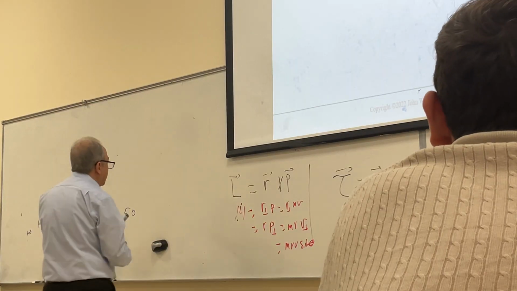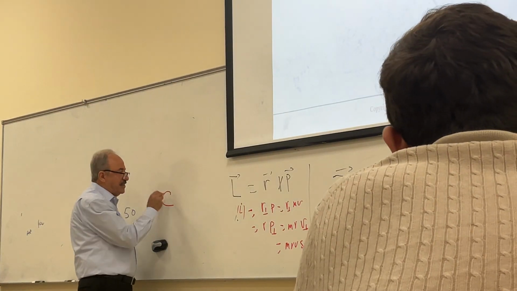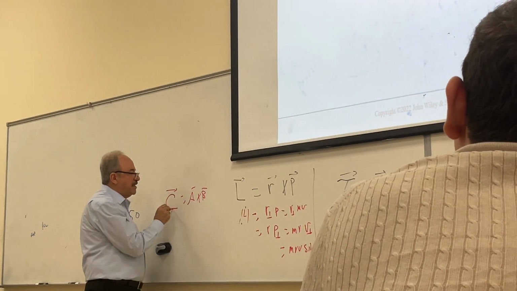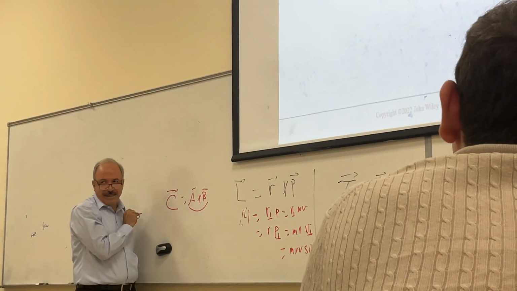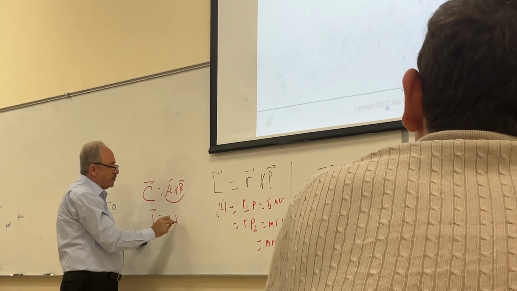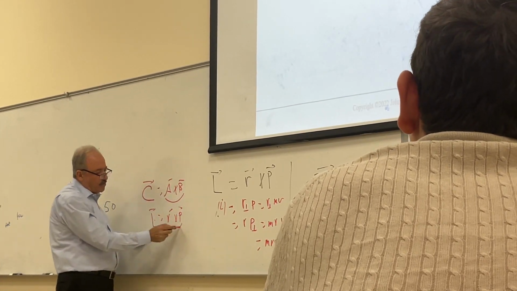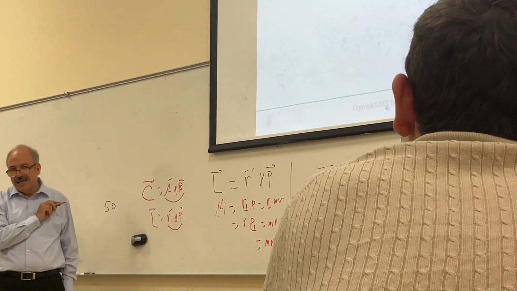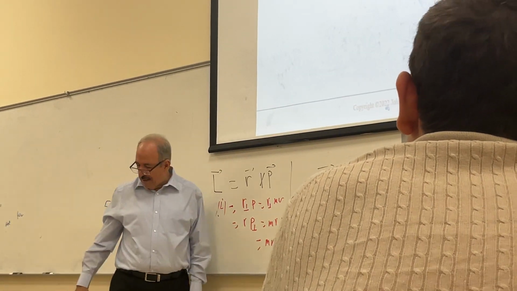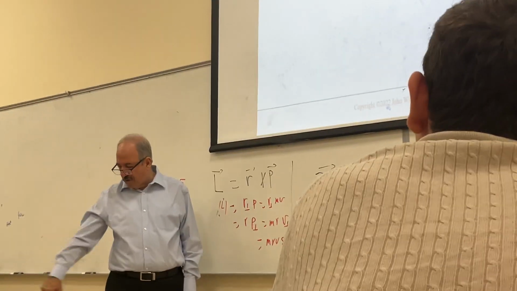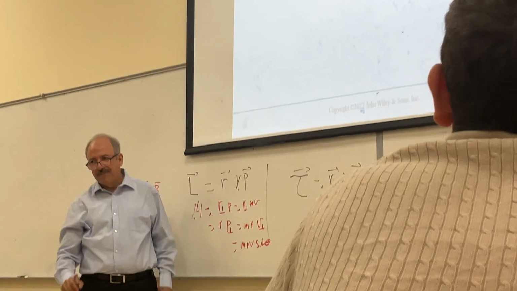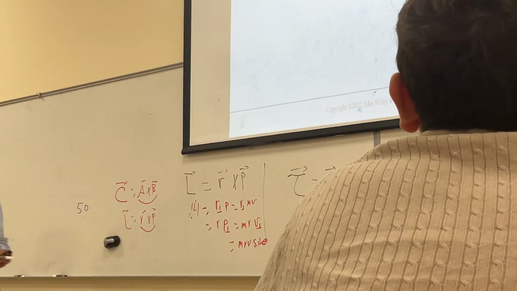We said that many times in chapter 3: if you have C equals A crossed with B, C is always perpendicular to the plane that has A and B. Same thing, L equals R crossed with P, so the angular momentum is always perpendicular to the plane. If the motion and R are in the XY plane, then the angular momentum is either up or down, perpendicular to the XY plane.